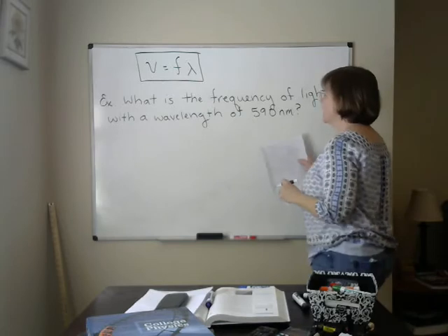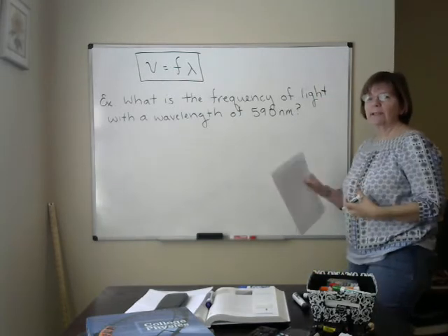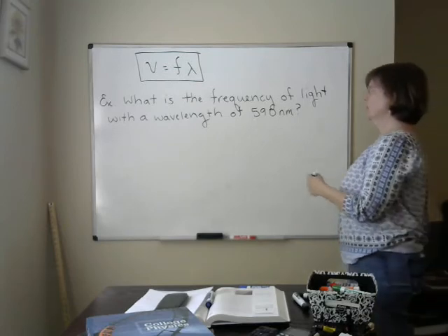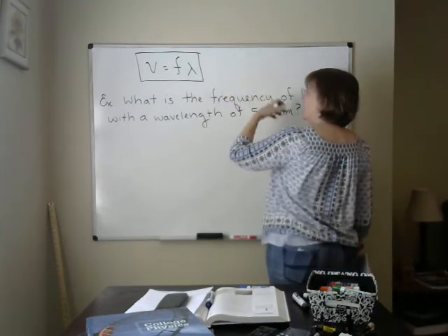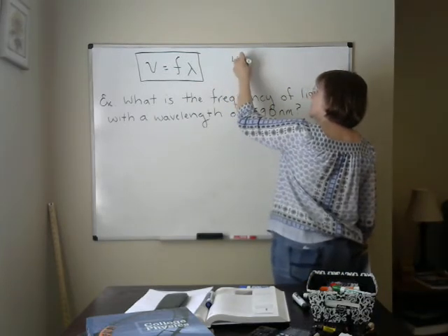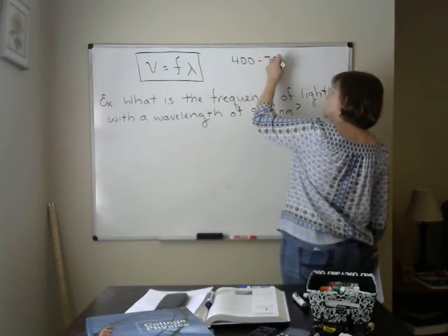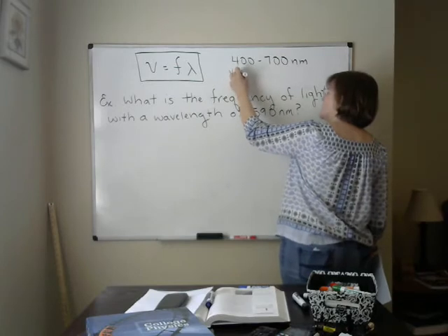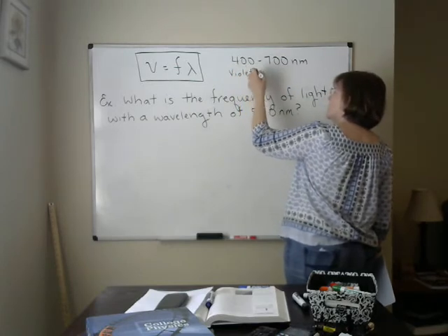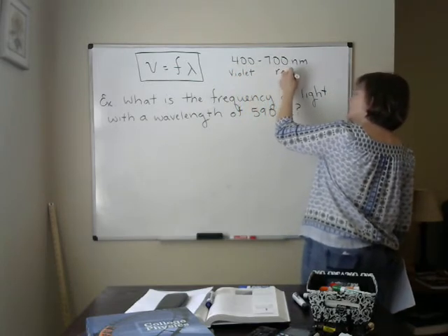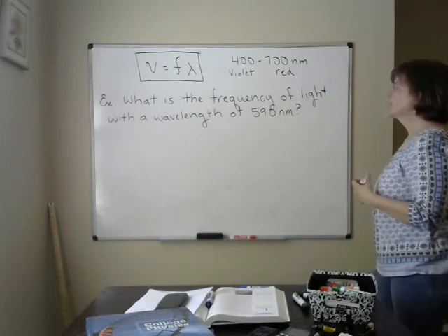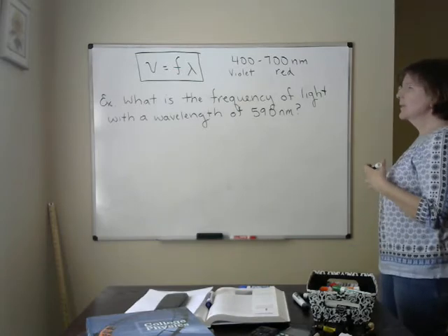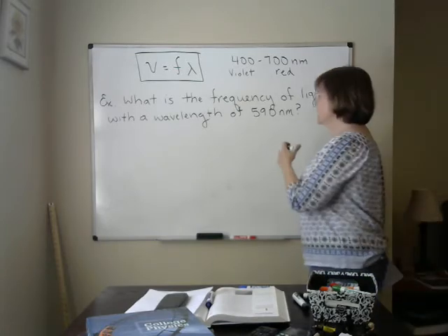We measure wavelengths of light frequently in nanometers. You may or may not remember that visible light, the color that you see, goes from 400 to 700 nanometers. This is violet. It has the shortest wavelength. This is red. It has the longest wavelength. So nanometers are something we need to be comfortable with.